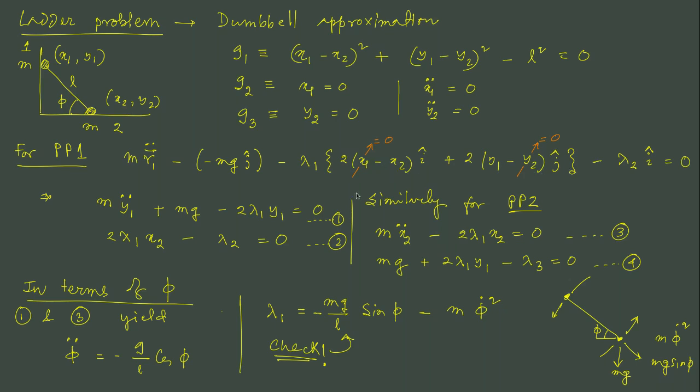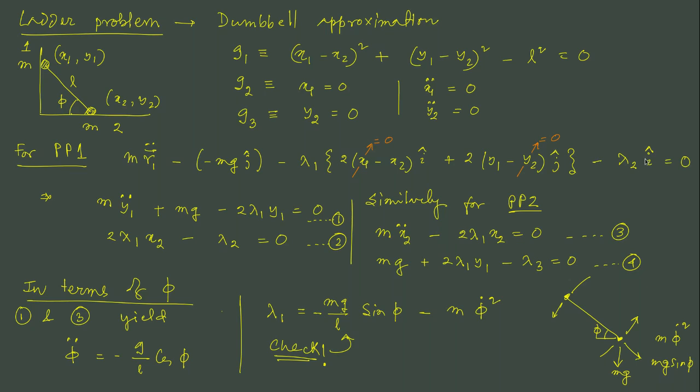But of course, to proceed further, you can use the other constraints to simplify it, which means x1 would be 0 here and y2 would be 0. Similarly, in this equation, the first term is basically x1 double dot i cap plus y1 double dot j cap. Now, because x1 is 0, x1 double dot is also 0. So this acceleration is essentially only downward acceleration from y.